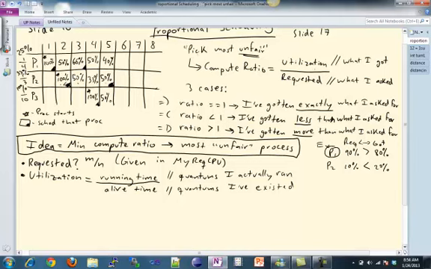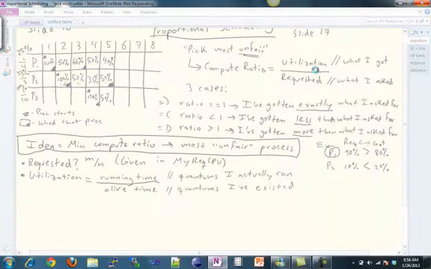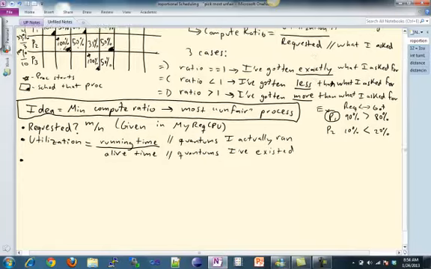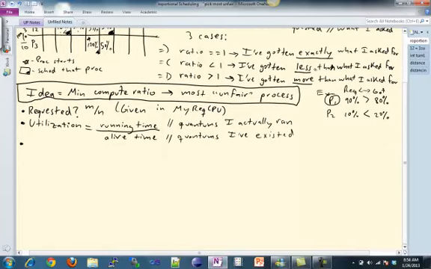Alright, so we have a lovely formula for utilization, but this formula needs a running time and an alive time. So how do we get... Sorry, my OneNote's acting weird. Let's go down a little. Okay, how do we get the running time?